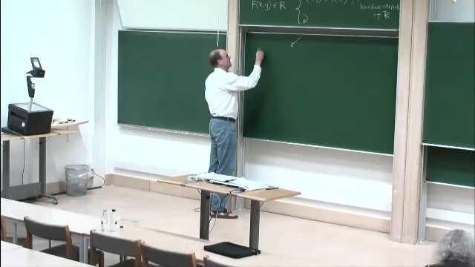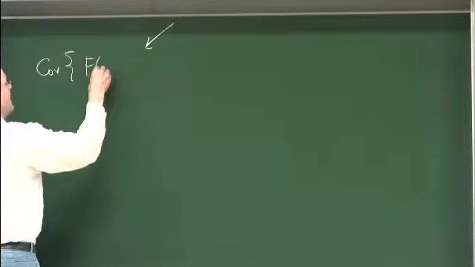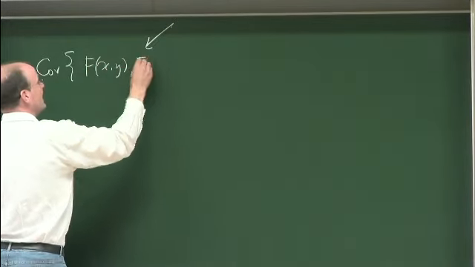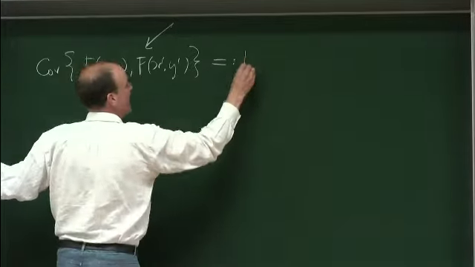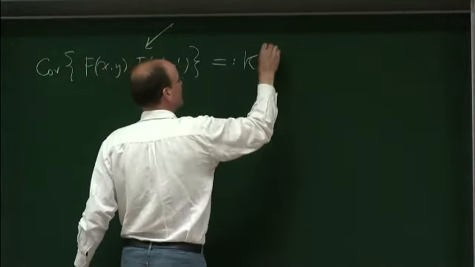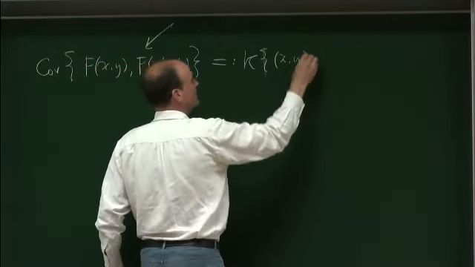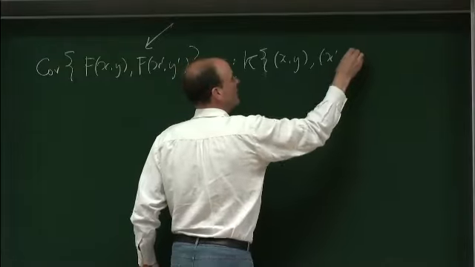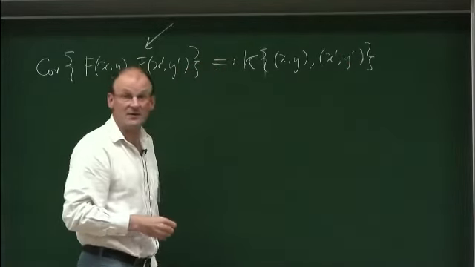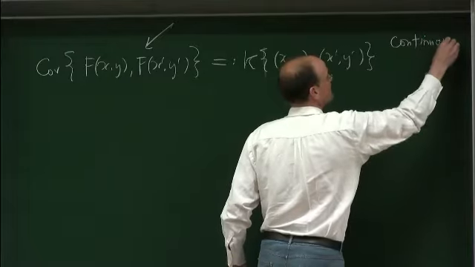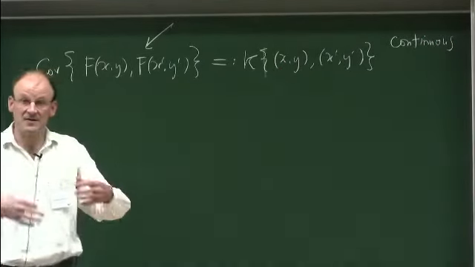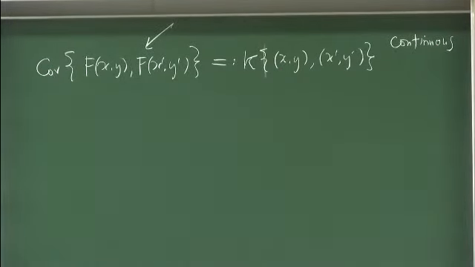So we require that the covariance of f at x, y and f at x prime, y prime, which we'll write as kappa of x, y, x prime, y prime, is continuous. It has to be continuous on its domain, and that implies, because the domain is closed and bounded, that it is bounded above.